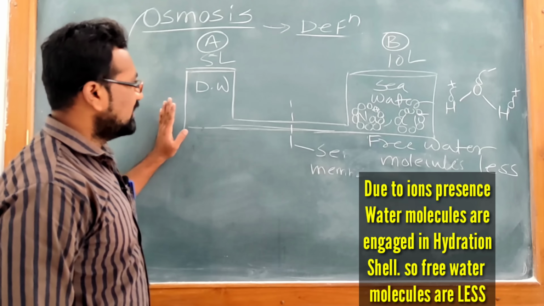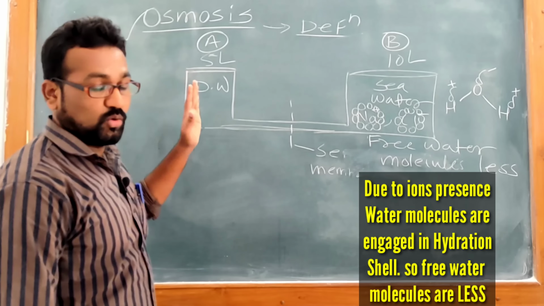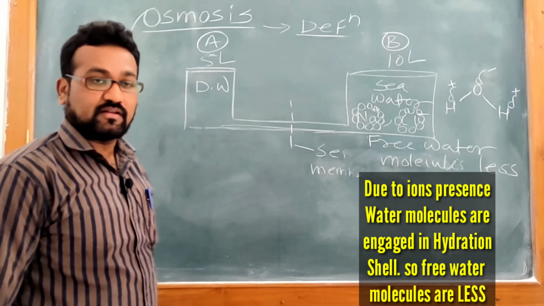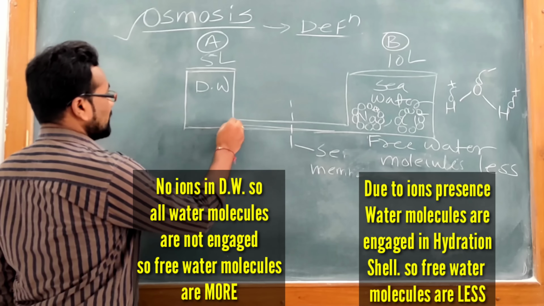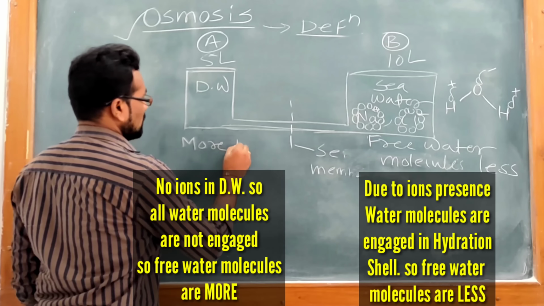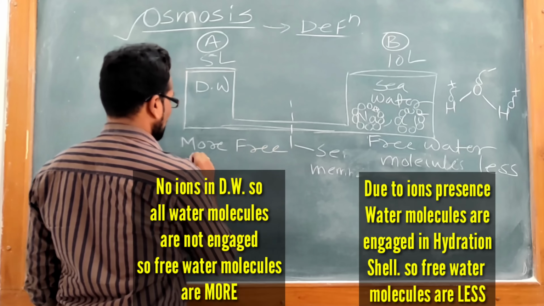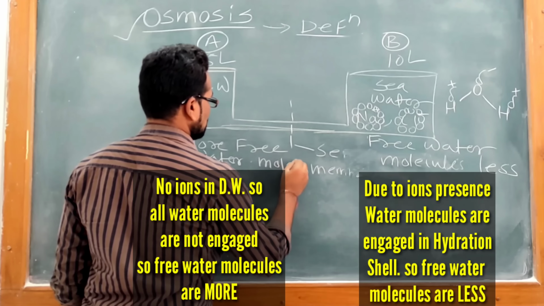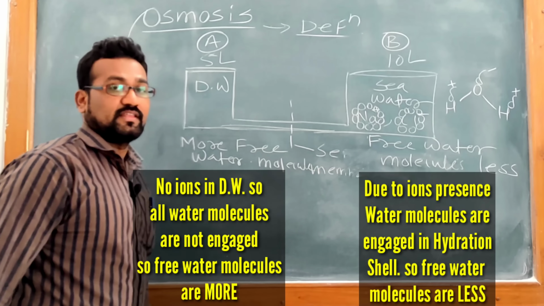On the other side, in distilled water, what happens? There are no ions present here. The quantity is 5 liters, and whatever water molecules are present in distilled water are more free.